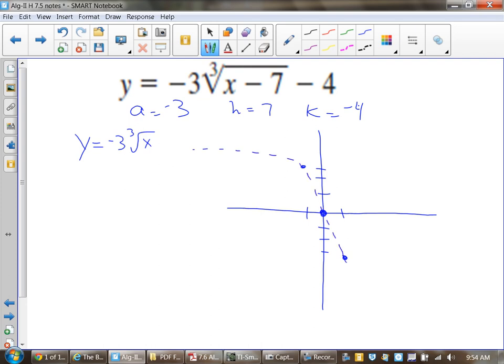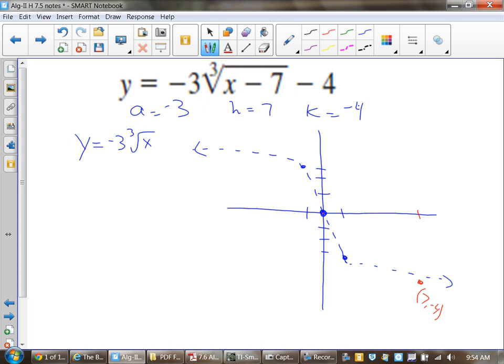Oops, forgot to turn. For lack of better drawing skills, that's kind of what it looks like. To all of those points, I move them right 7 and down 4. So like Mamer was just saying, this becomes where? At 7 and -4. Everybody agree with him on that?